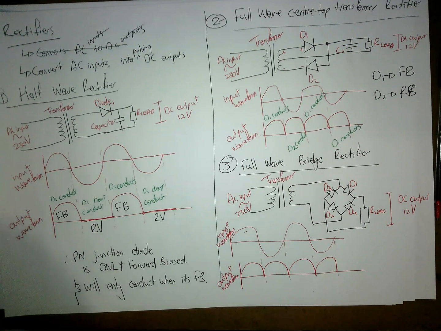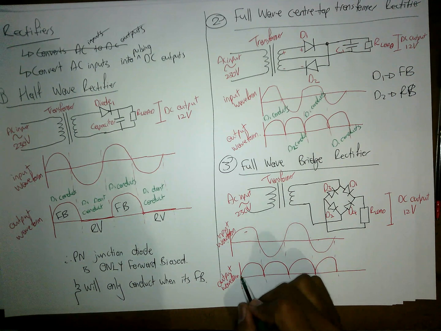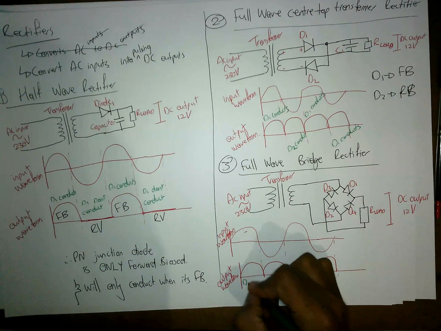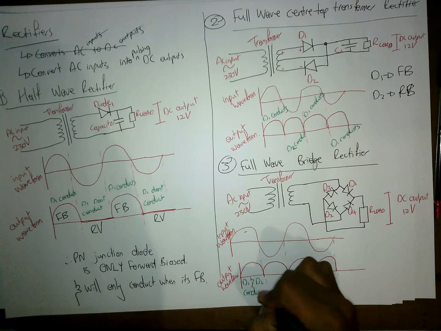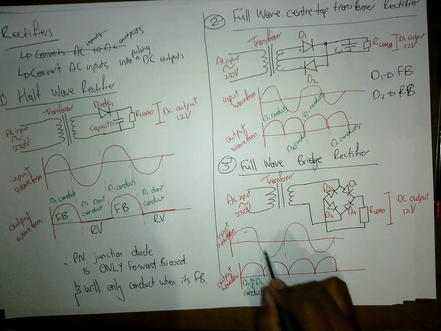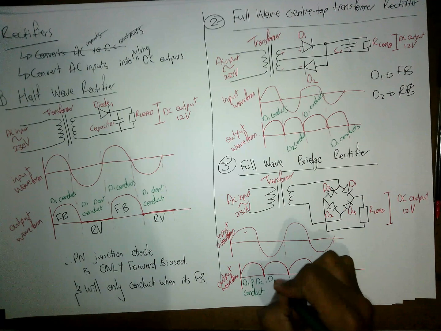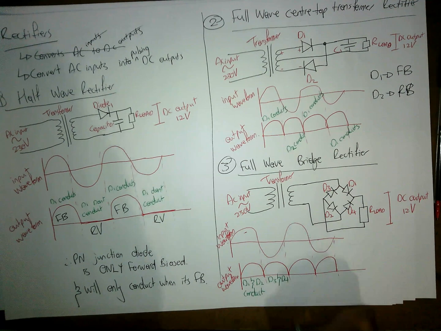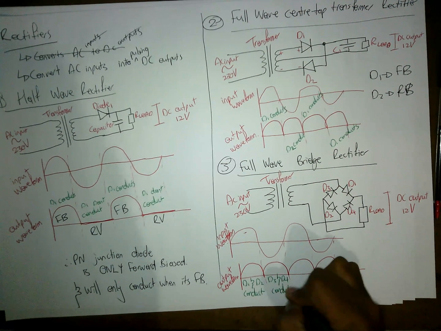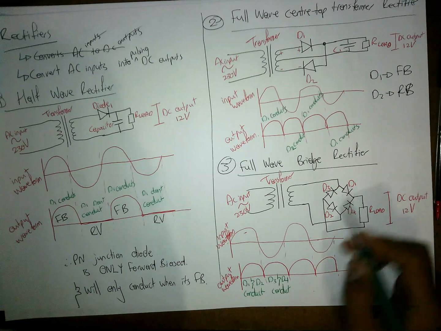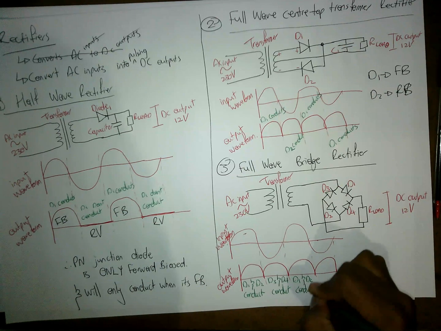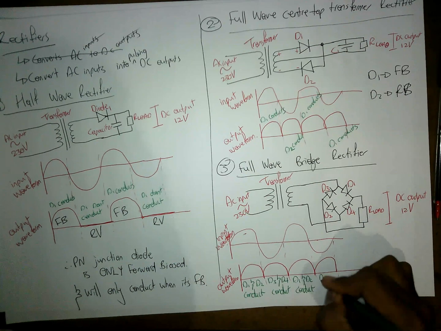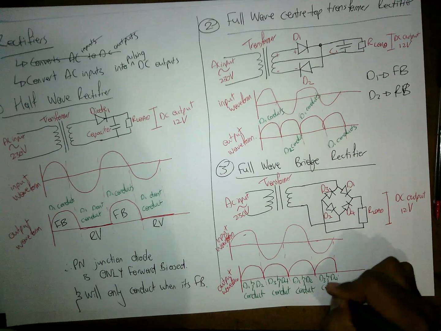So we write it: when it's positive, D1 and D2 conduct; when negative, D3 and D4 conduct; positive again, D1 and D2; negative again, D3 and D4.